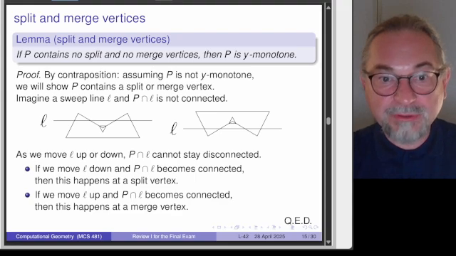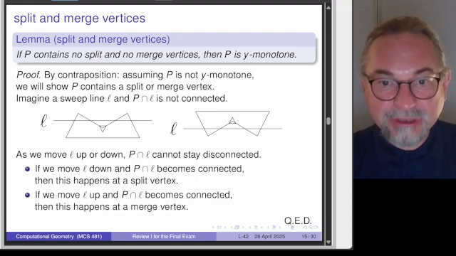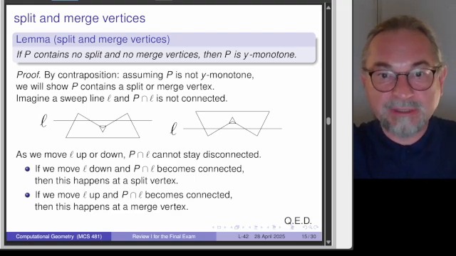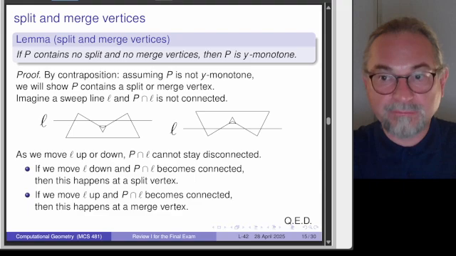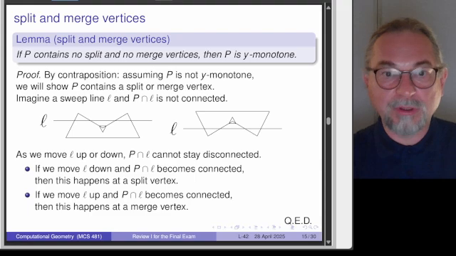Now, once you have identified the split and the merge vertices, you can partition the polygon by taking the split vertex or the merge vertex and connecting it with another vertex. So the split and merge vertices were important in the partitioning of this polygon.